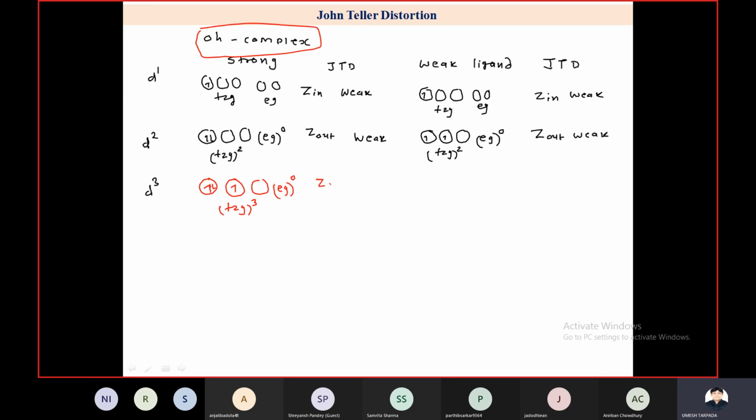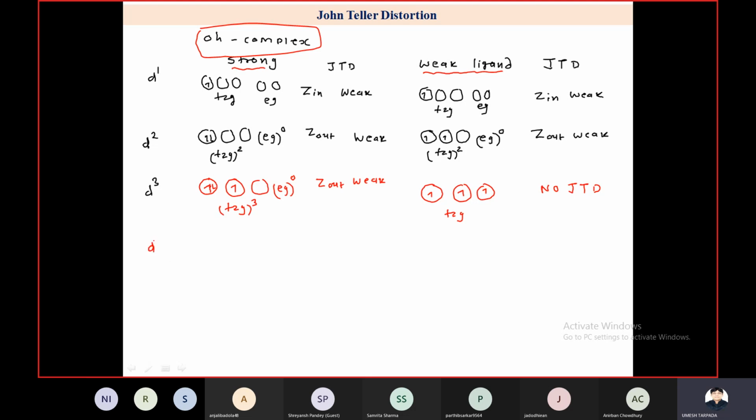Here you can have a Z out, and it is weak, because the T2 orbital is unsymmetrically filled. But what is the case with a weak ligand? It will be 0. It is a high spin complex, so all the electrons remain singly occupied. It is a half filled, symmetrically filled configuration, and therefore you cannot have Jahn-Teller distortion. So here there is no Jahn-Teller distortion.